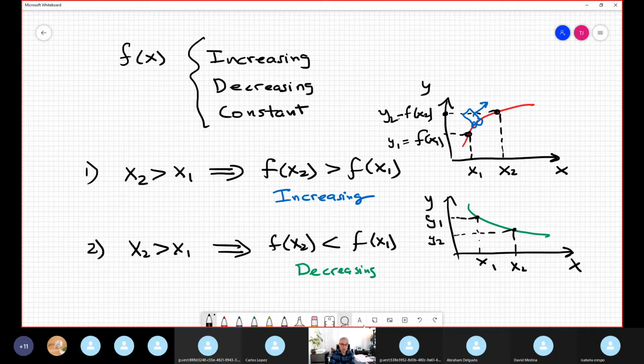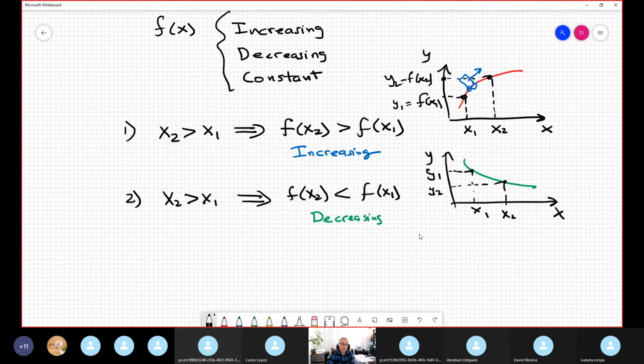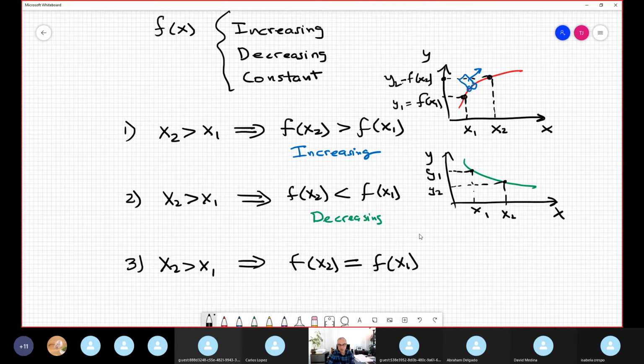And the other case is constant. Constant is when the height stays the same. So you pick 2 values again, x2 greater than x1. This is always the condition. However, it happens that the values are equal. In this specific interval, this is x1, this is x2, this is constant, and constant looks like a horizontal line, and the y is the same.